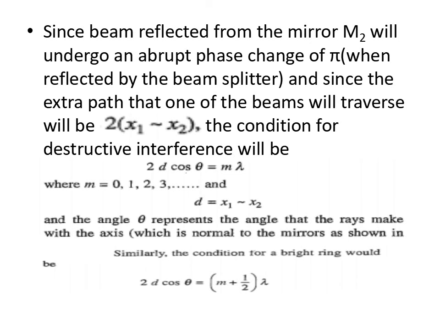We know that d is the difference between x1 and x2, and the angle theta represents the angle that the rays make with the axis, which we have shown in the previous slide. Similarly, the condition for the bright ring would be 2d cos theta equal to (m plus half) lambda. So these are the two conditions for destructive and constructive interference.